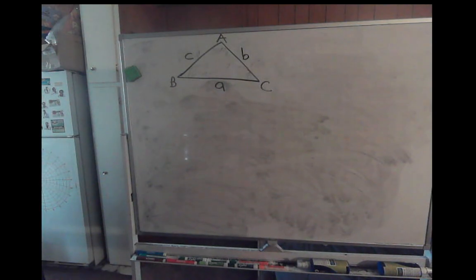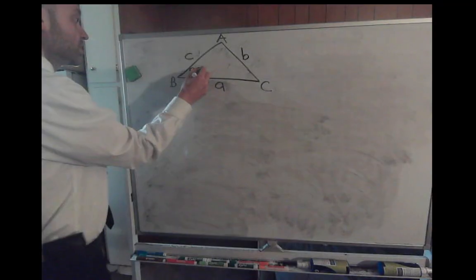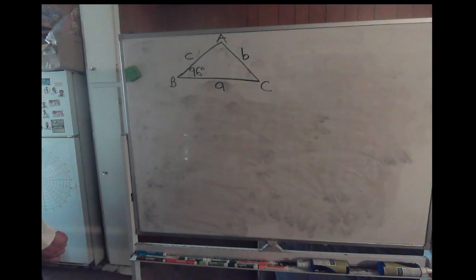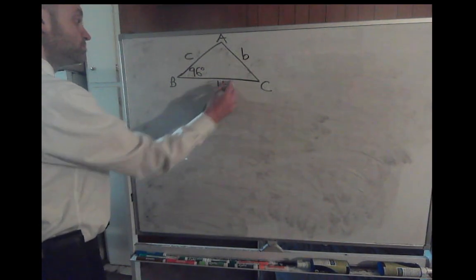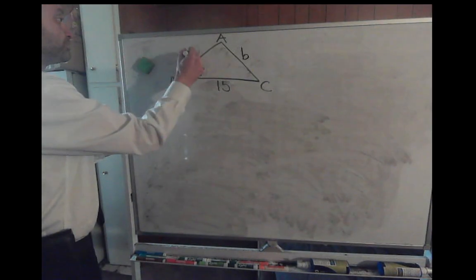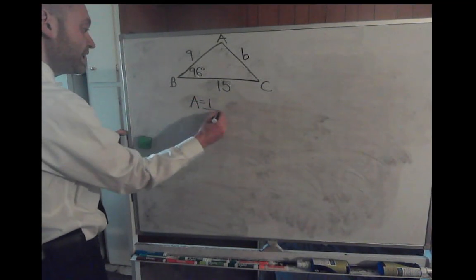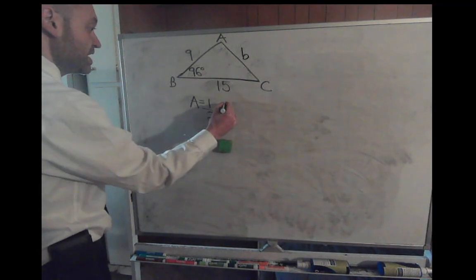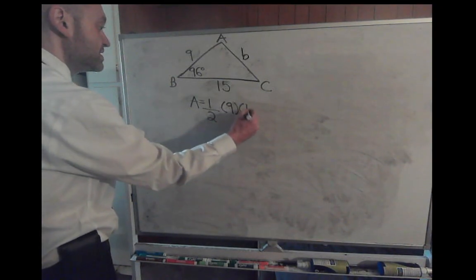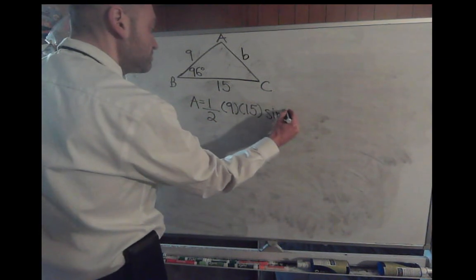All right, 2 more. B has a measure of 96 degrees, A is 15, and C is 9. The area is going to equal 1/2 times 9 times 15 times the sine of 96 degrees.